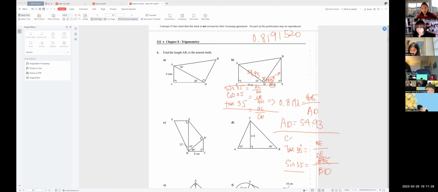Cosine 55. Cosine 55 equals DE over BD. Because DE we know is 30. Everybody, please calculate what BD represents.